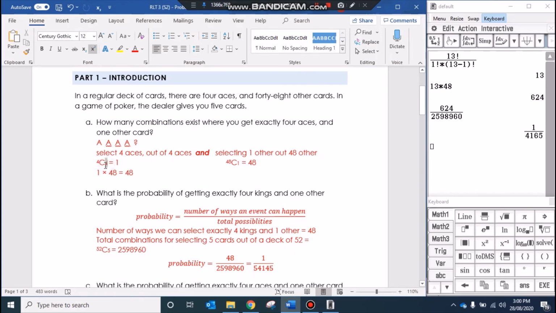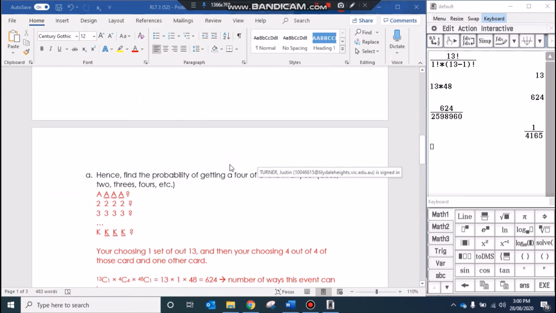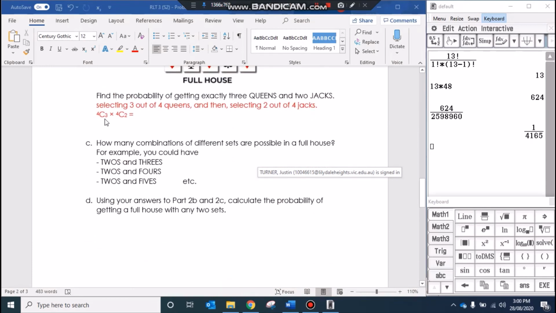We're choosing 4 aces out of 4 possible aces. And then we were choosing 1 card out of 48 others. So exact same thing here. We're choosing 3 queens out of 4, and we're choosing 2 jacks out of 4. So we just need to work out what these are.